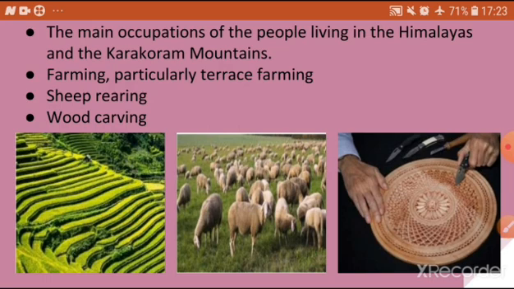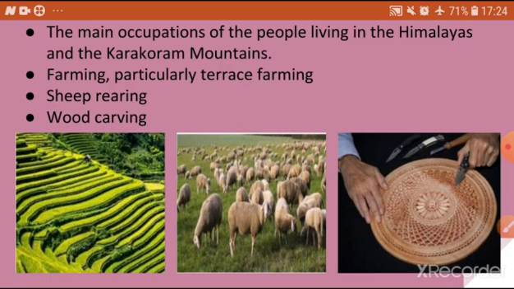And one more, the mountain is made into steps which slows down the speed of rainwater, preventing damage to crops. So step by step rainwater will flow, so due to that it slows down the speed of rainwater and it prevents the damage to crops also. That is why here they do terrace farming.